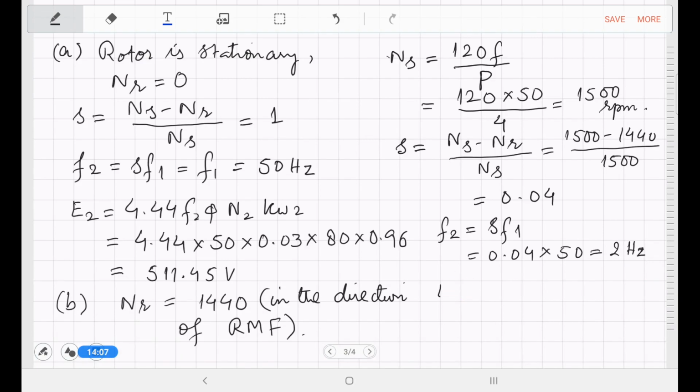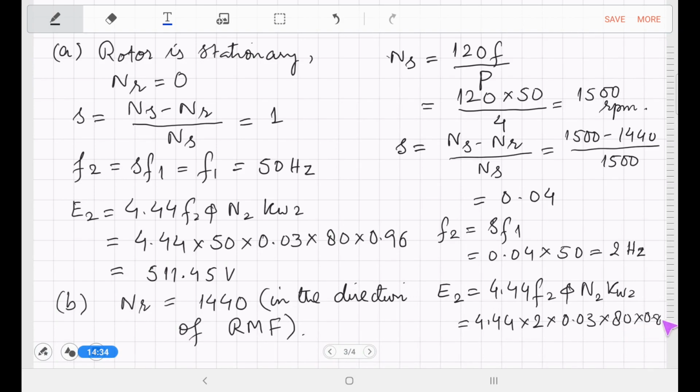Then E2 therefore can be calculated. It is 4.44 F2 phi N2 kW2, and if we put the values here, 4.44 into F2, which is now 2, flux per pole is 0.03, into N2, which is the same, 80, into 0.96, and this equals E2 of the order of 20.5 volts.